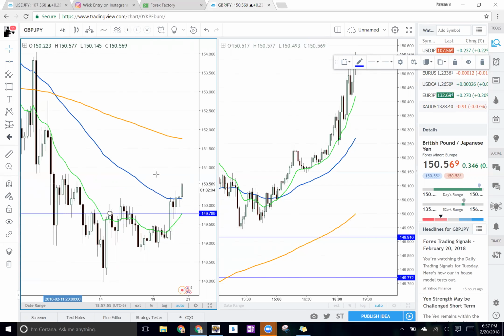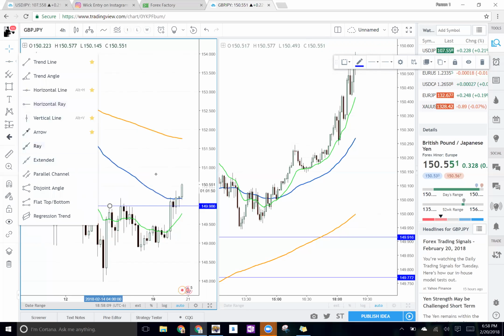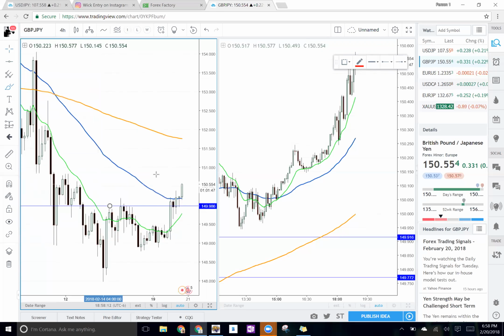But say this line right here, that's a pretty solid line. Where is my little brush tool here? Okay, so you've got the touch there, and then there. Where I draw my zones, where I put my line, is where there are multiple touches, and that's something I got from Ted.